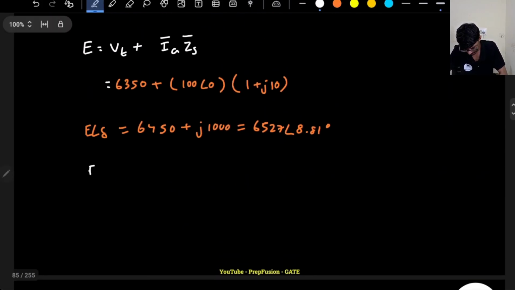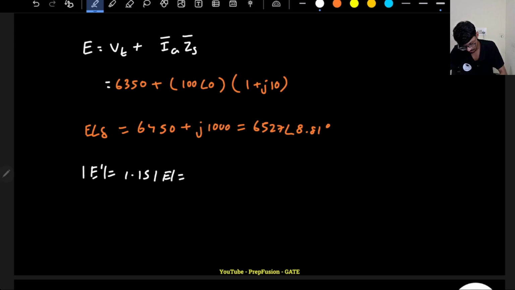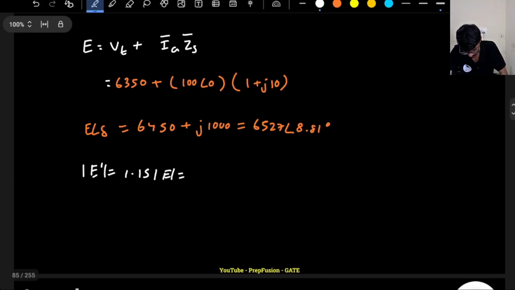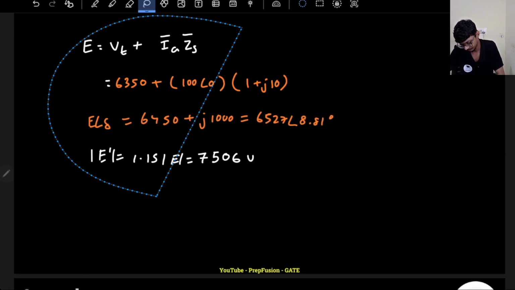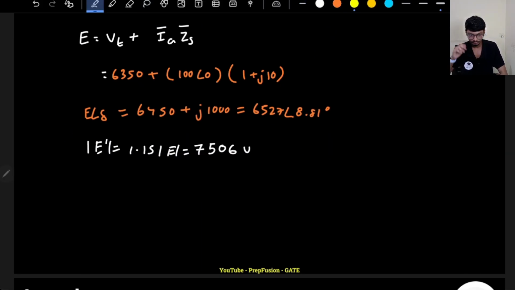So magnitude of E dash will be 1.15 times of magnitude of E. So I will get 6527 into 1.15, which will be 7506 volts. Okay, so this is my E dash basically.